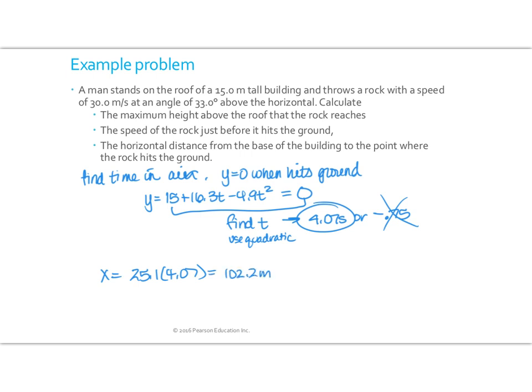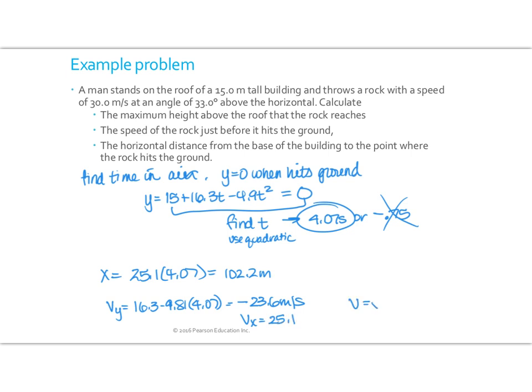To find the speed when it hits the ground, I want to find Vy. I'll find Vy is minus 23.6 meters per second. Vx is just its initial value, which is 25.1.